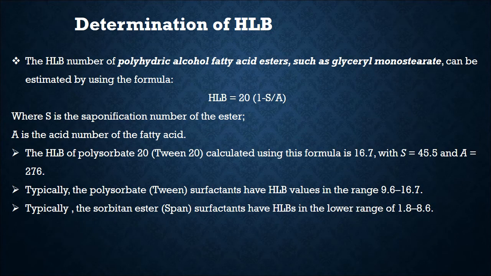The HLB number of polyhydric alcohol fatty acid esters, such as glyceryl monostearate, can be estimated by using the following formula. HLB is equal to 20 times 1 minus S divided by A, where S is the saponification number and A is the acid number of the fatty acid. Okay, the HLB of polysorbate Tween, calculated using this formula, is 16.7, with the S of 45.5 and A of 276.